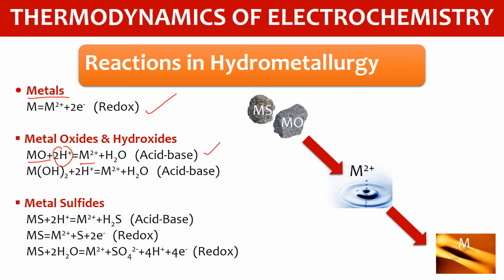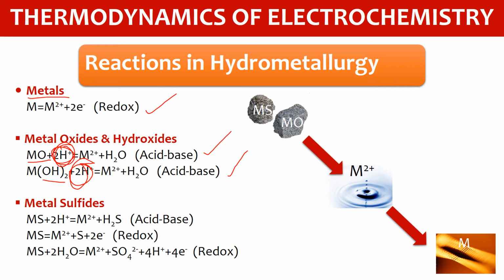This is an acid-base reaction because of the presence of the protons. Then you can also have your metal hydroxide, in this case also being leached probably in acidic conditions, with 2H+, as we can see. Because this involves a proton, it is also an acid-base reaction. Then you've got your sulfides as well. They can also be leached.